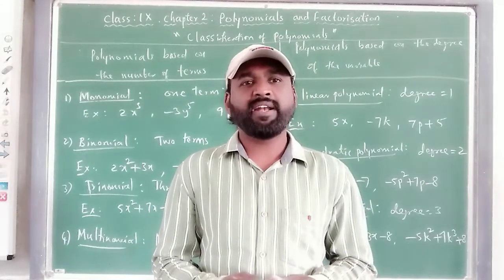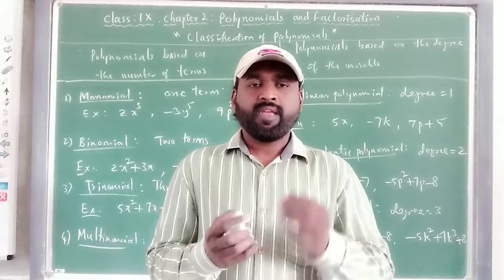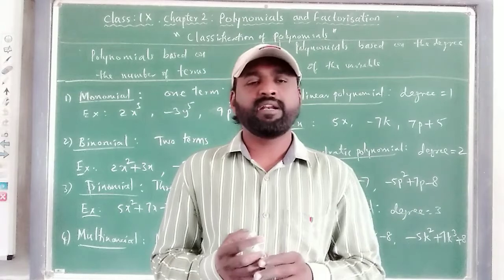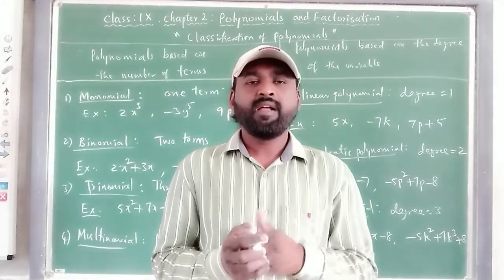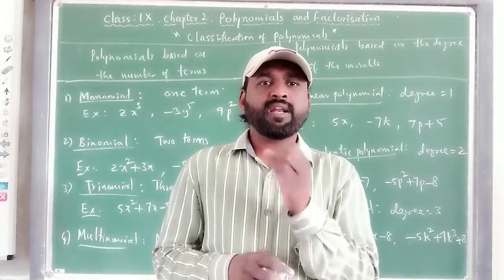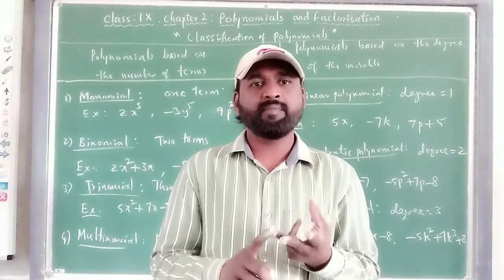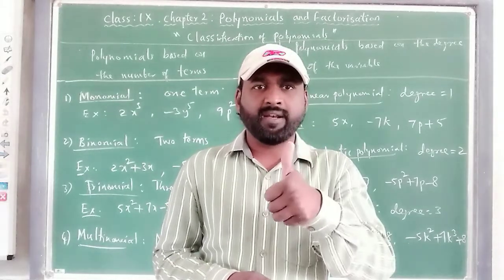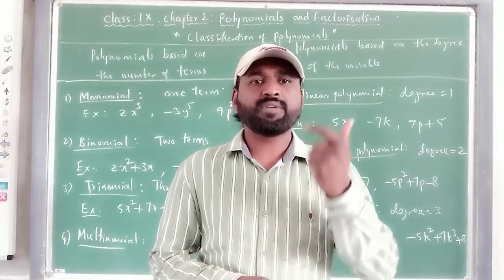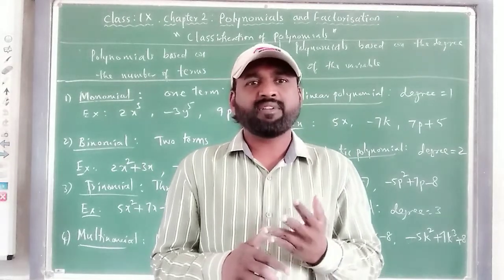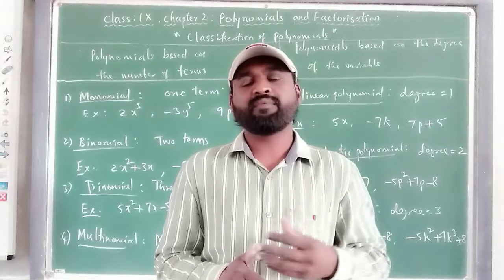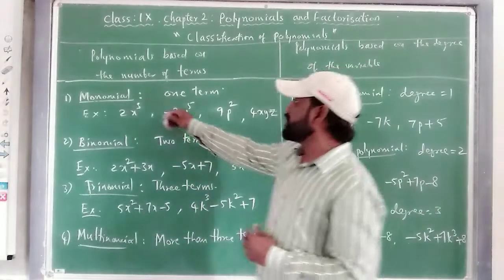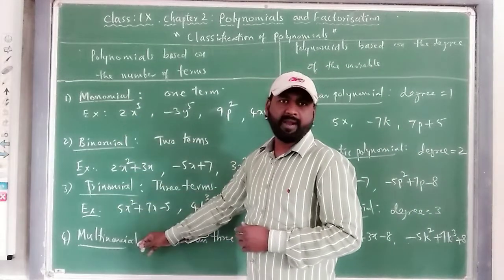Polynomials are again classified into different names based on the number of terms involved in them and based on the degree of the variable involved. Based on the number of terms, polynomials are named as monomial, binomial, trinomial and multinomial. What is meant by monomial? If the number of terms is only 1, that is called monomial. If the number of terms is 2, that is called binomial. If the number of terms is 3, that is called trinomial. If the number of terms is more than 3, that is called multinomial.